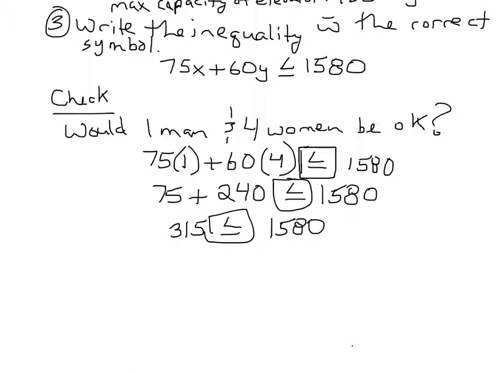And we say to ourselves, is 315 less than or equal to 1,580? Yeah. So you could put a big red check mark beside it and say, yeah, this works.